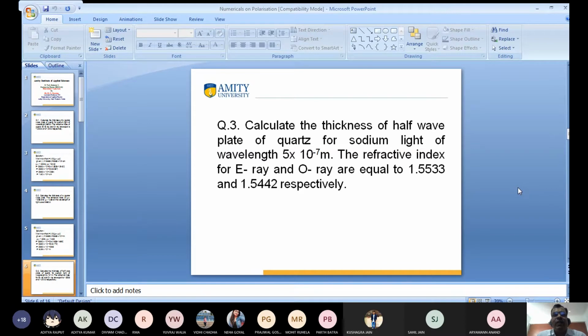The refractive indices of the extraordinary ray and the ordinary ray are 1.5533 and 1.5442. So calculate the thickness of the half wave plate. The values of lambda and the refractive indices of the ordinary and extraordinary rays are given. Tell me what is the answer.